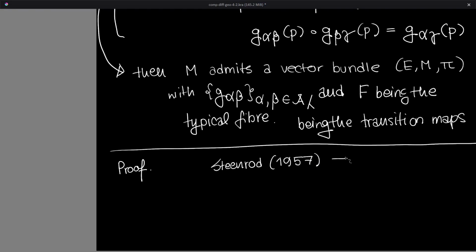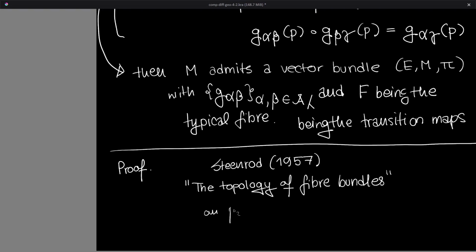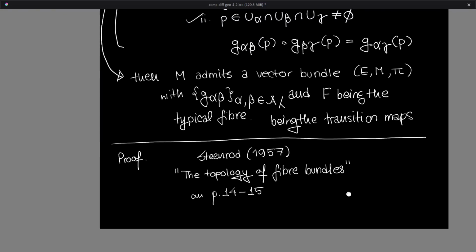I think the book is called The Topology of Fiber Bundles. It's on page 14 to 15. The end of it is on 15. Steenrod doesn't explain everything about this proof, so I've filled in a lot of the blanks. But let's get into it.